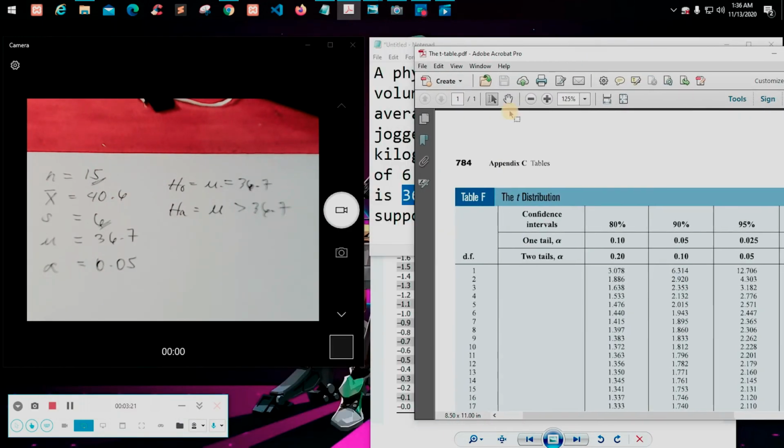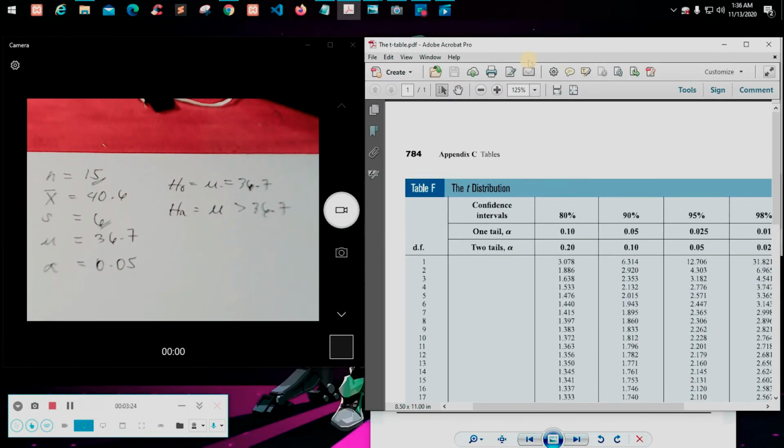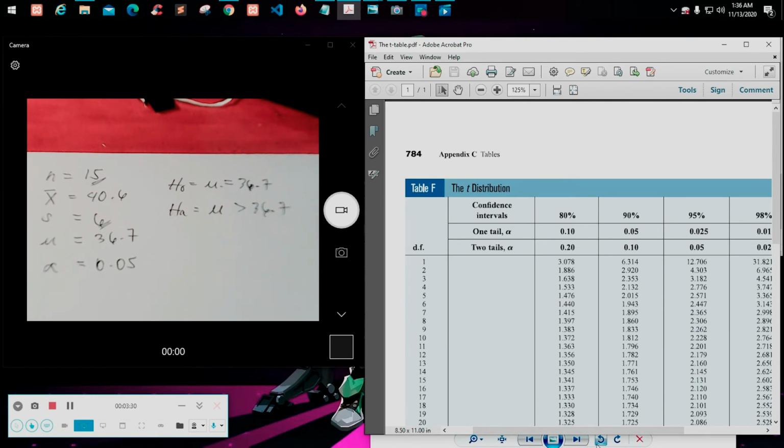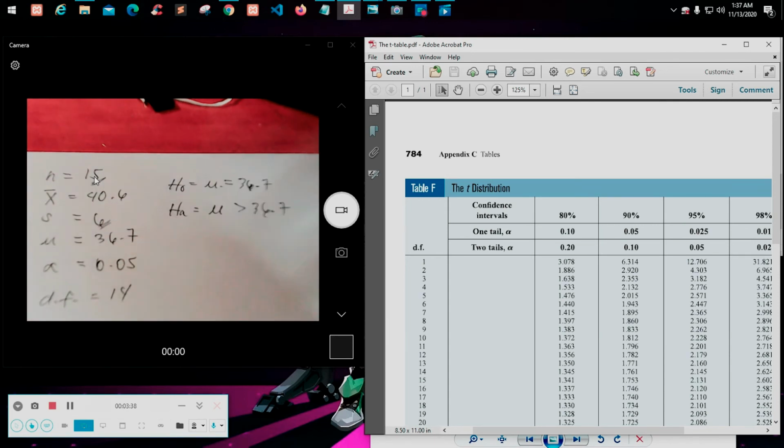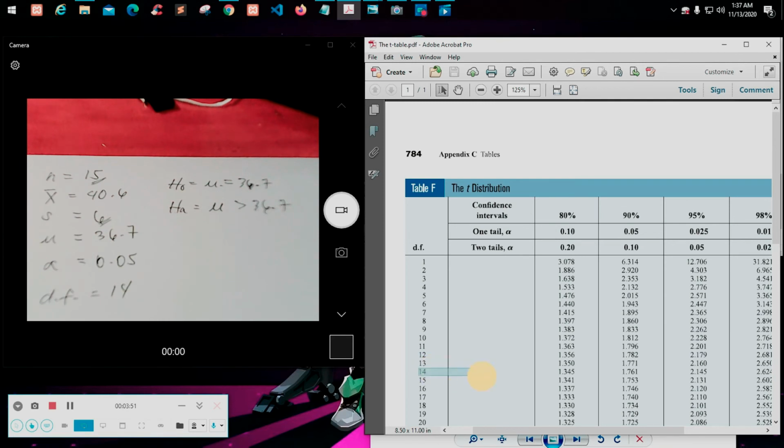Since this is a right-tailed test, we will be using this column here, and we need the degrees of freedom. So the degrees of freedom is the sample size minus 1, so df will be equal to 14. Look for 14 here, and given the alpha, which is 0.05, let's see the intersection of 14 and 0.05.